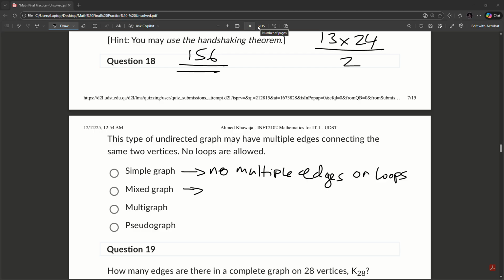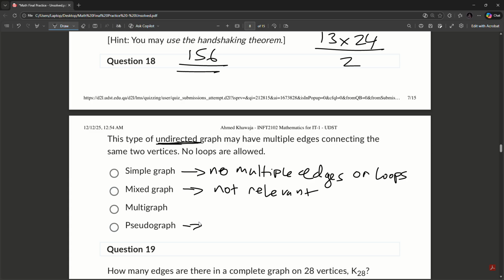So since a mixed graph can have both directed and undirected, it can also have loops. But then it says here the type of undirected, so it only wants undirected only, right? Not relevant, because it's asking for only undirected. And then of course now a pseudograph, right?